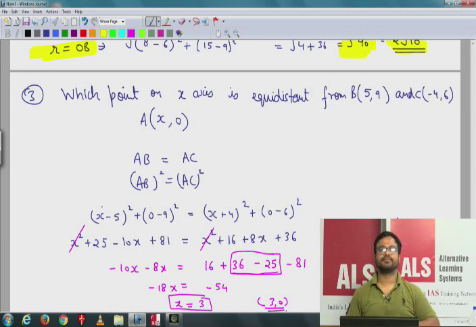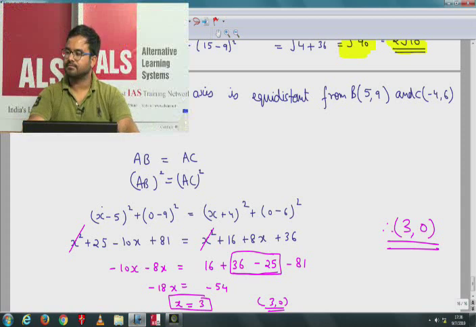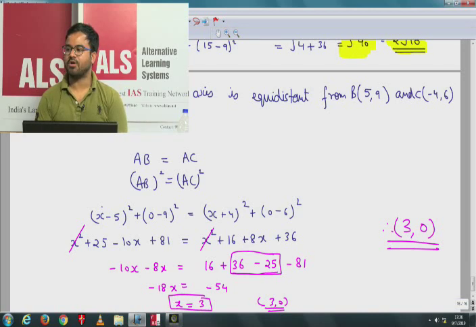Any doubt? Is this clear to all of you? Now Sisipur, you got your point.